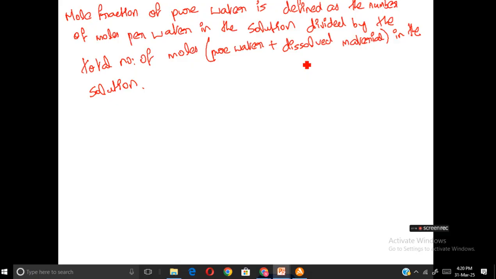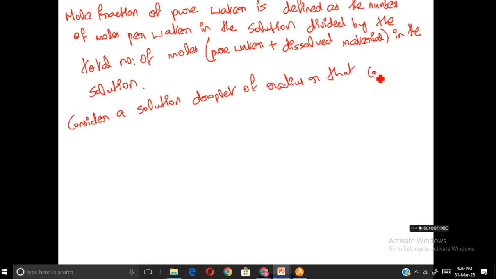So consider a solution droplet of radius r that contains mass m of a dissolved material.